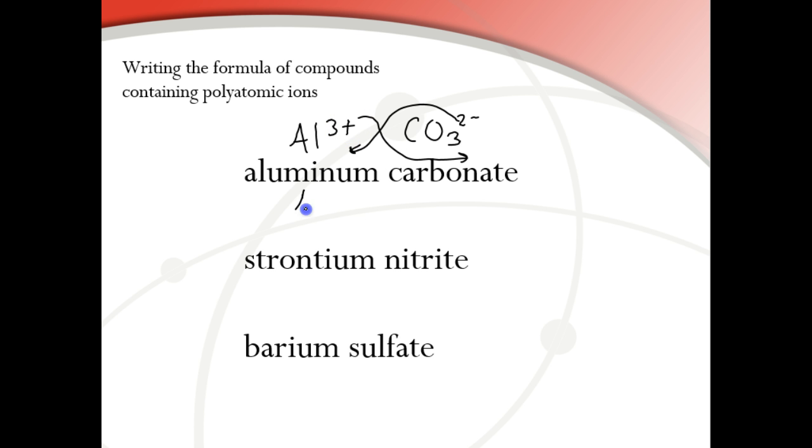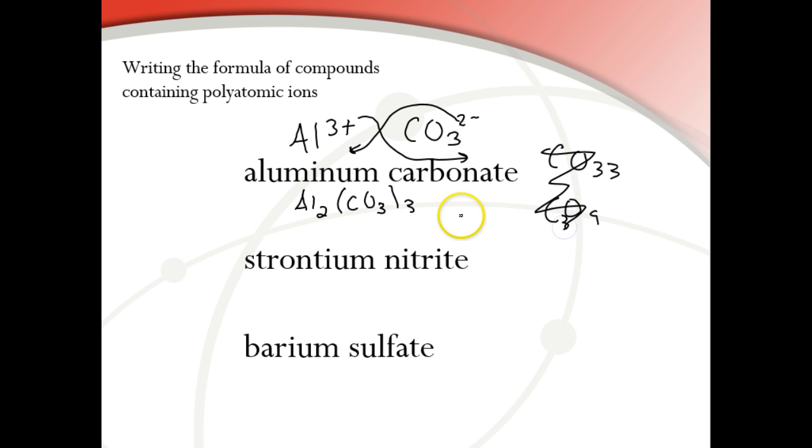Now, aluminum is of course 2, but the 3 has to go outside of parentheses because what we're saying is that we need 3 individual carbonate polyatomic ions. So don't do something like that, or that multiplied by 3.